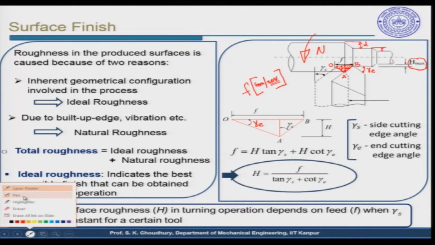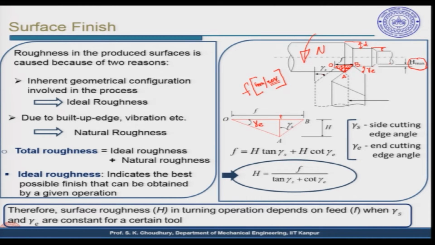Let us call that AN. The surface roughness value can be found from this triangle: AN is the value of the surface roughness, OB is the feed value, and the angles are the side cutting edge angle and the end cutting edge angle.